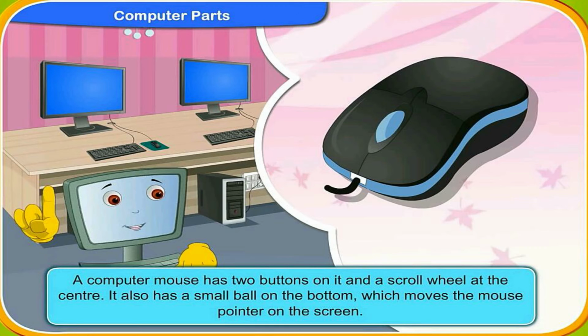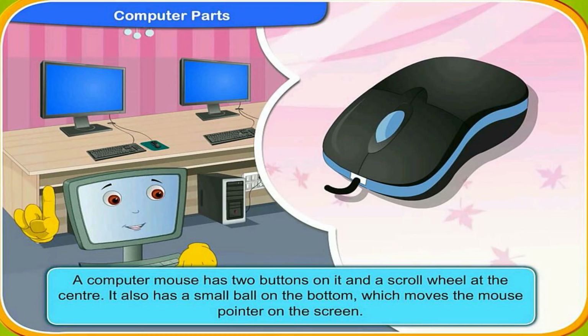Here is another important part of the computer, which is the mouse. A computer mouse has two buttons on it and a scroll wheel at the center.